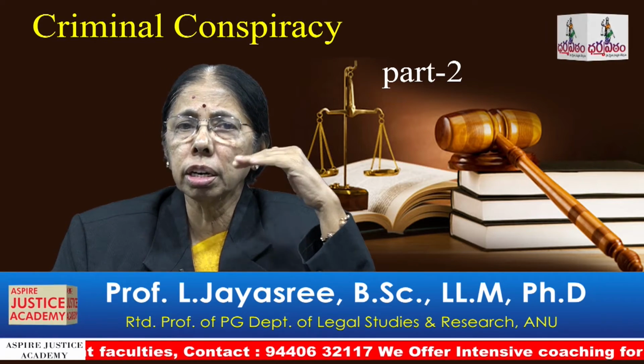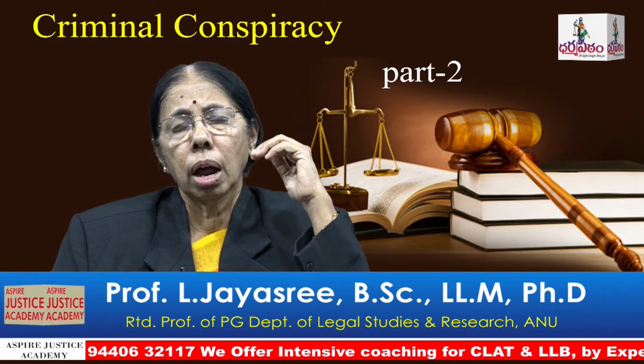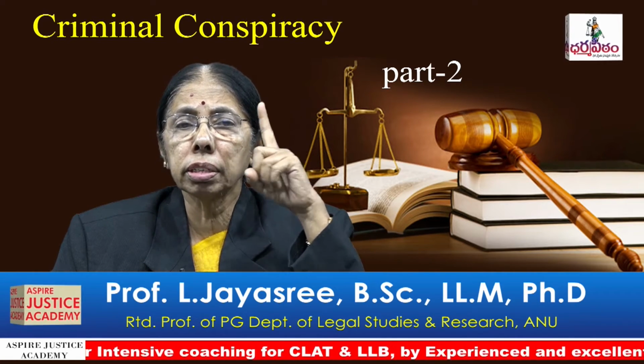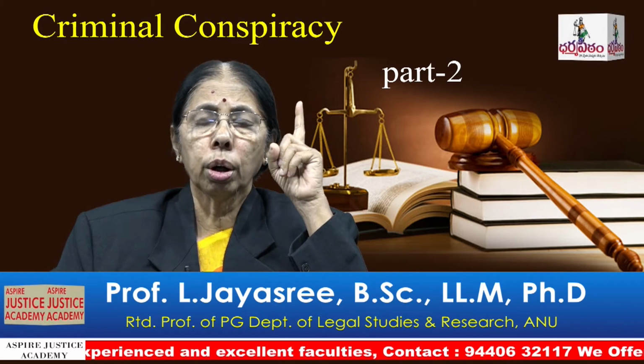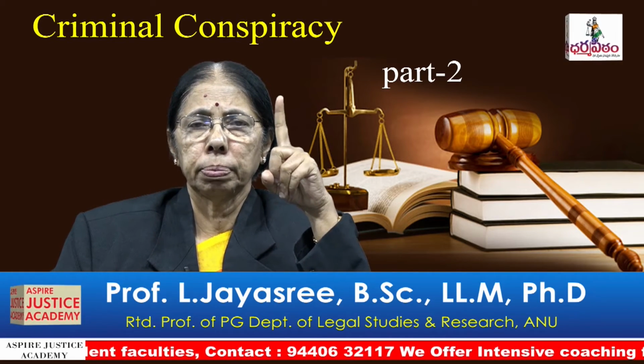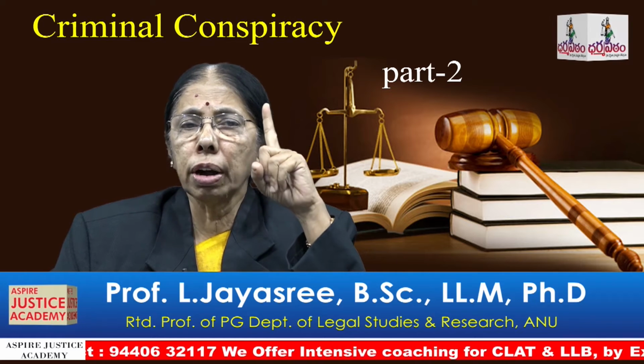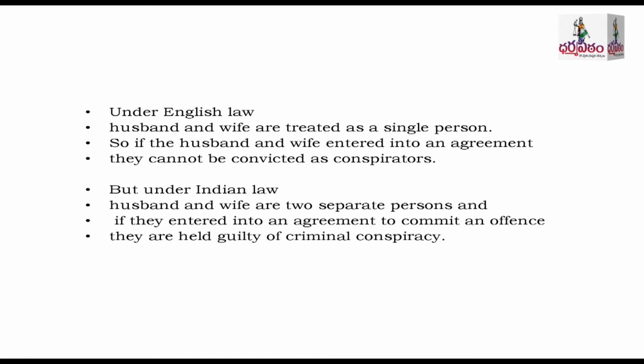But when you come to English law, husband and wife are treated as a single person. So if husband and wife enter into an agreement to kill X, it is not a conspiracy, because husband and wife are treated as a single person, and one person cannot conspire with oneself.